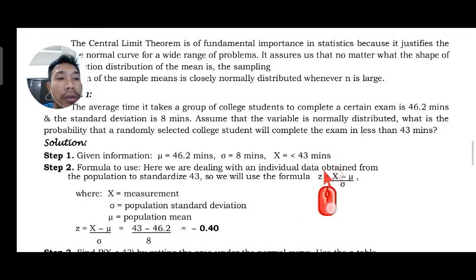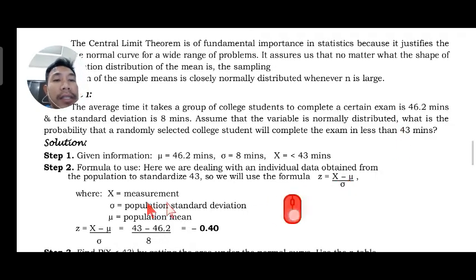And then our x or our score is 43 minutes. And then, may symbol ito na less than kasi we want to look for the probability that the randomly selected student will complete the exam in less than 43 minutes.